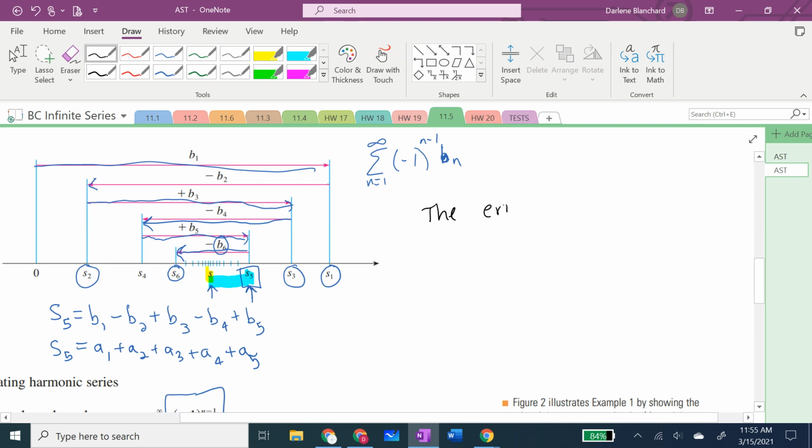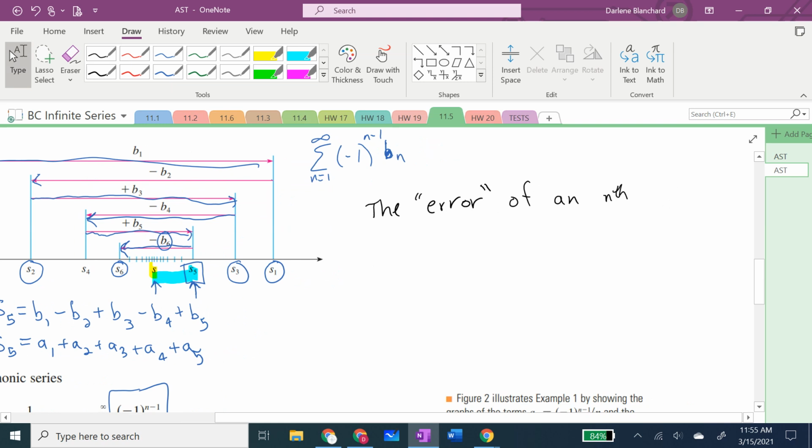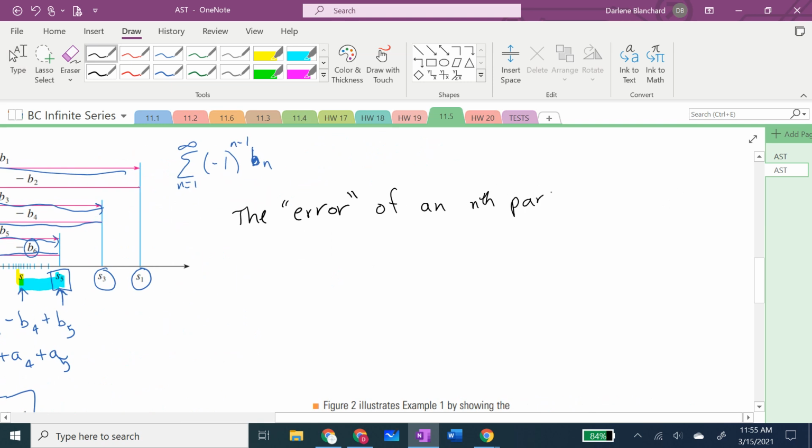The error of an nth partial sum of an alternating series, and by error, that's meaning the distance that that partial sum is from the actual sum. So I'm going to put that as a little note.